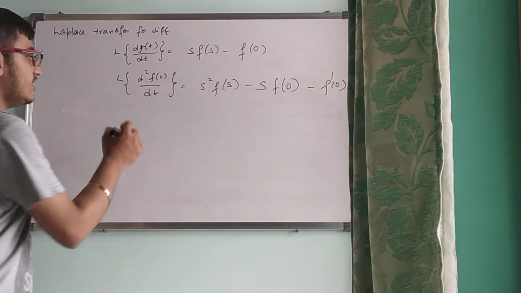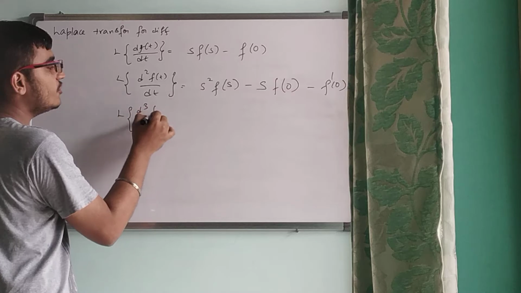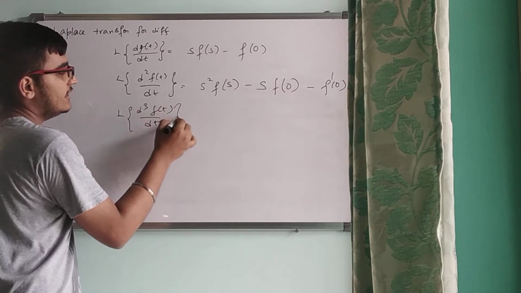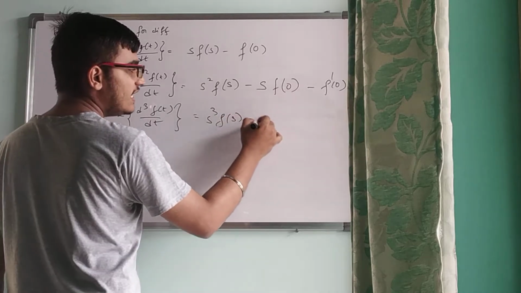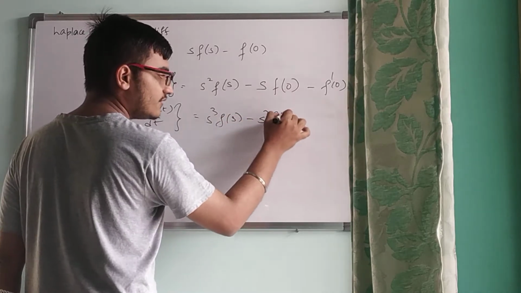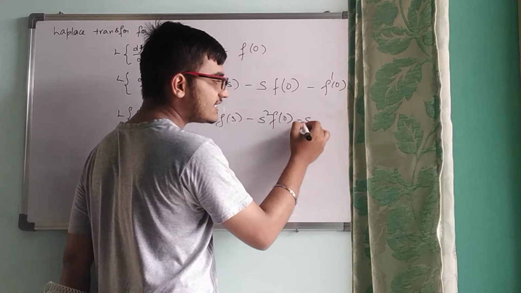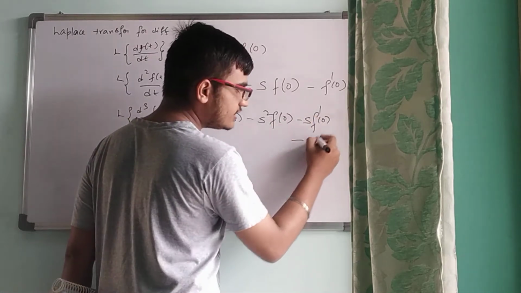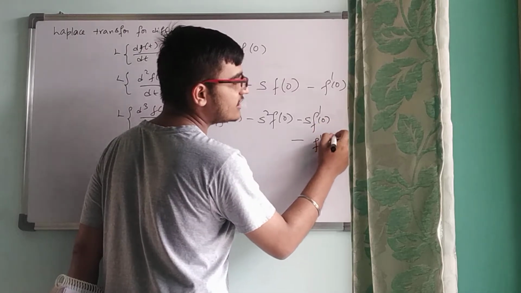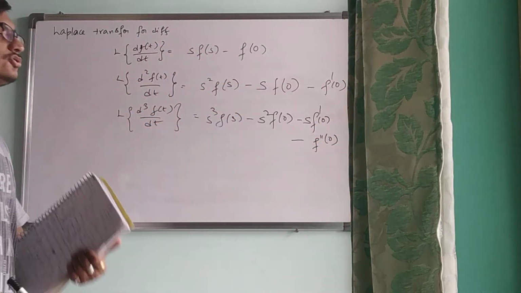Similarly, the Laplace transform of d cube f of t by dt cube is s cube into F of s, minus s square into f of 0, minus s into f dash of 0, minus f double dash of 0. Yeah, so on it goes.